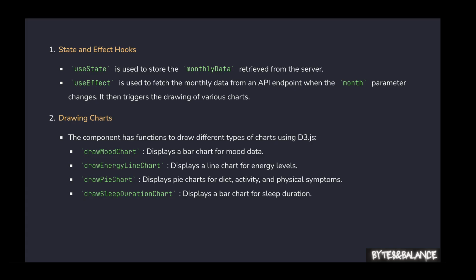Once the data is fetched, it triggers functions to draw several types of charts. The functions, as you can see listed here, are called drawMoodChart, energy line chart, pie chart, which is a general function for diet, activity, and physical symptoms, and a bar chart for sleep duration. And you saw those in the application.